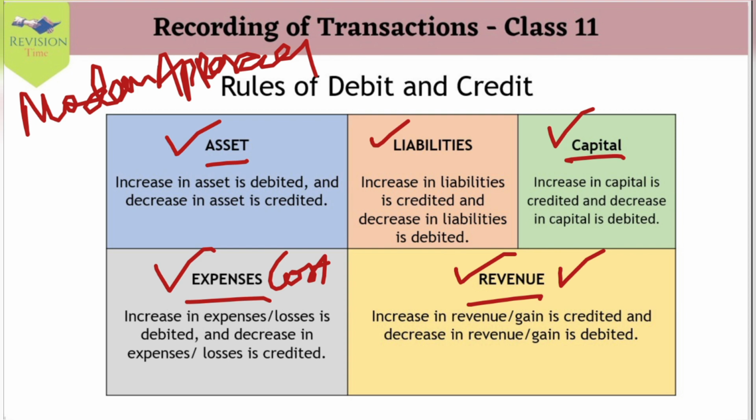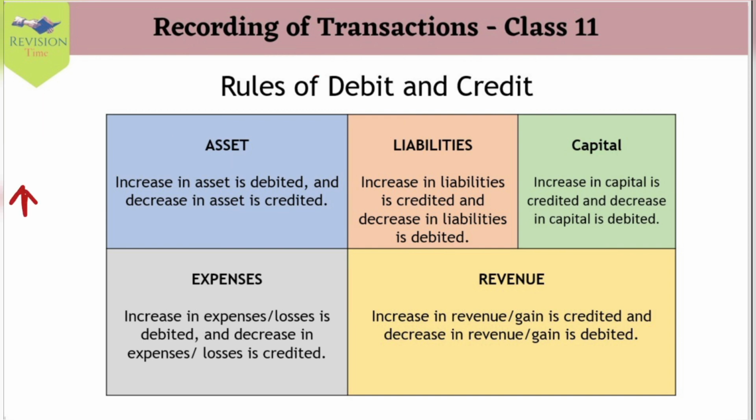Now let us understand how this modern approach of accounting is different from our traditional approach. Under asset account, an increase in asset is debited and a decrease in asset is credited. Under liabilities, it's reverse.